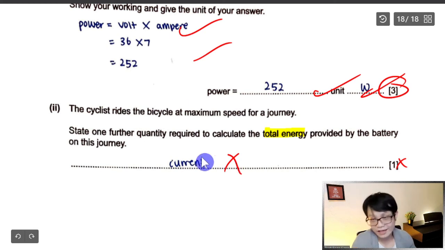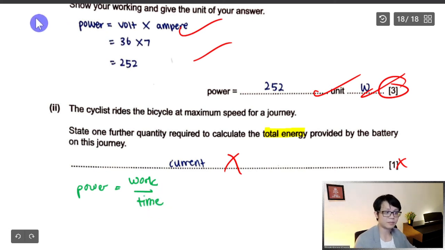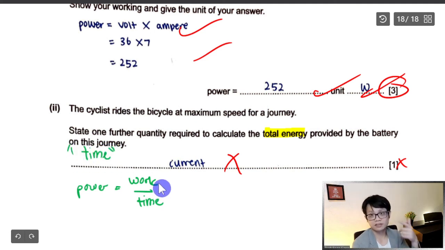So of course another formula for power is this one, which you also need to remember: power equals work (energy) divided by time. If you still remember this formula, then by having time I can know the work. So the answer for this step 1, further quantity required, will be the time. The reason is the time will influence the power.